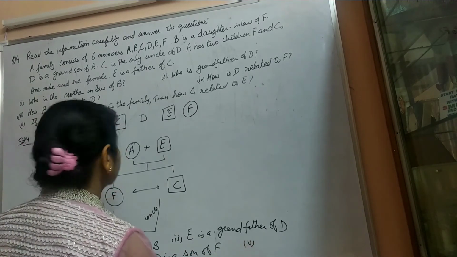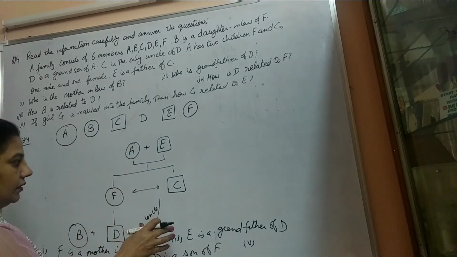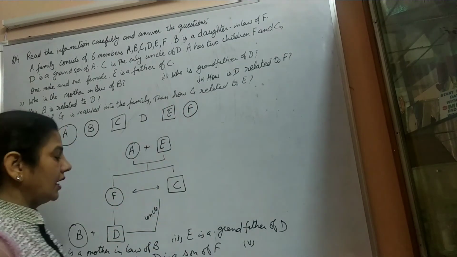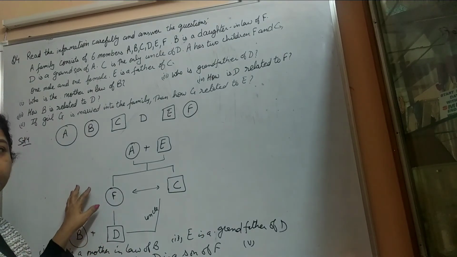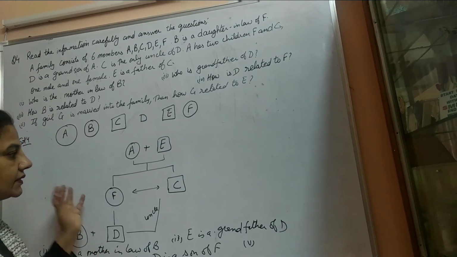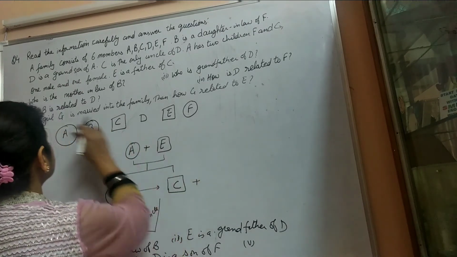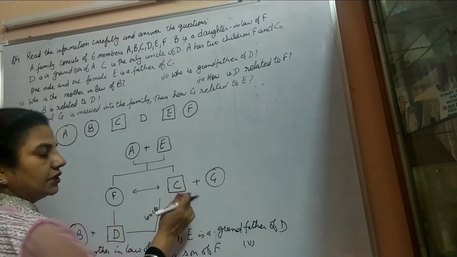And the last question is, if G is married into the family, then how G related to E? As F has a son D, that means F is married. Who else is left? Only uncle left. That means if uncle gets married with a girl, G, then C and G are husband and wife.